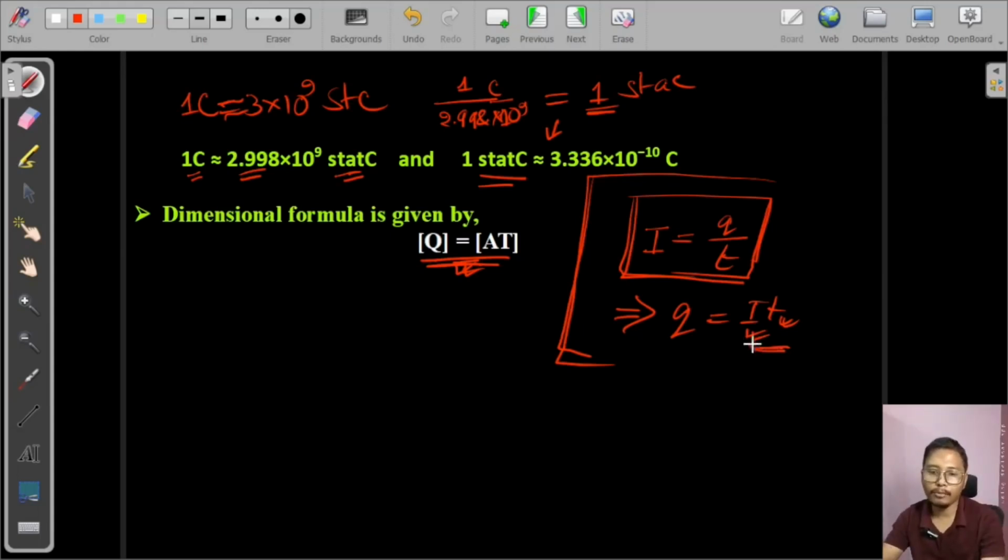So with the help of these two fundamental quantities, we can get the expression of the dimensional formula, this way: I t. You can remove this bracket and write like this. Understood? So let's proceed to the next one.